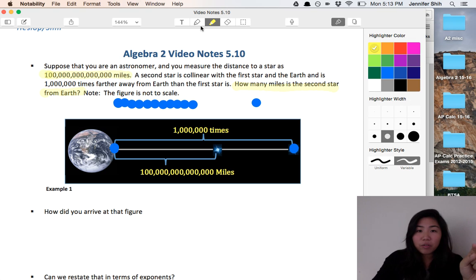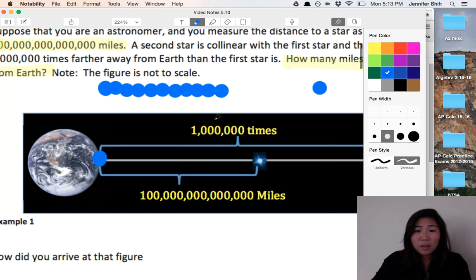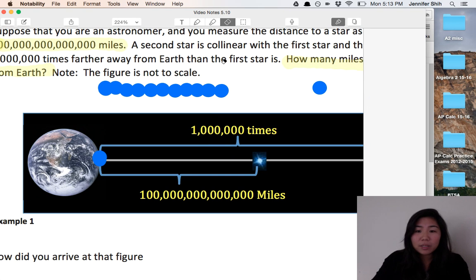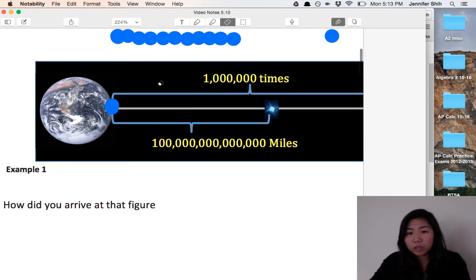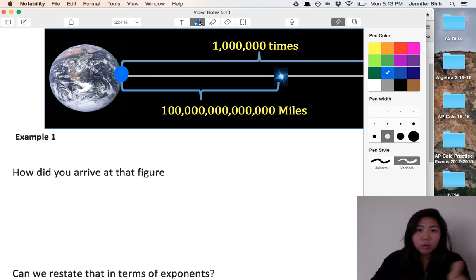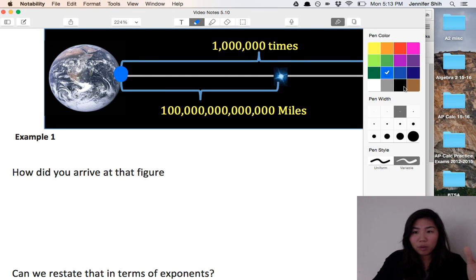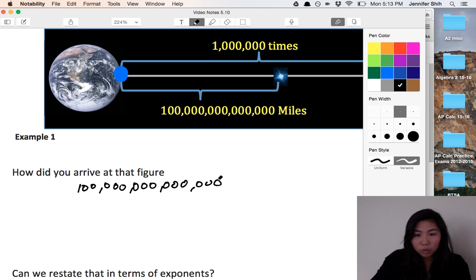The second star from Earth is 1 million times 100 trillion miles away. So let's do this. We can do this a long way.